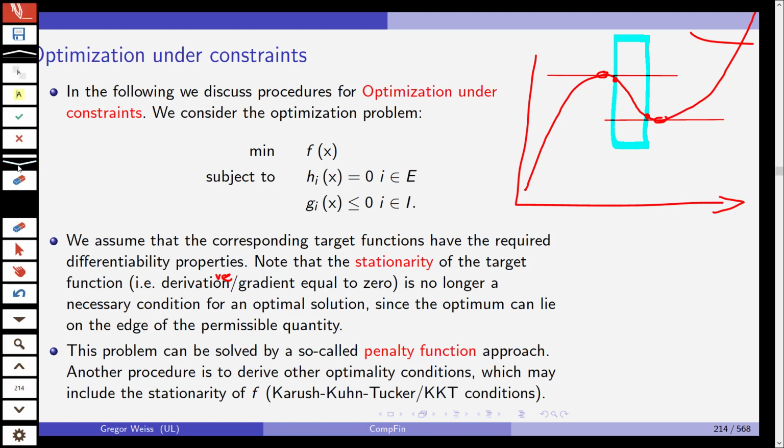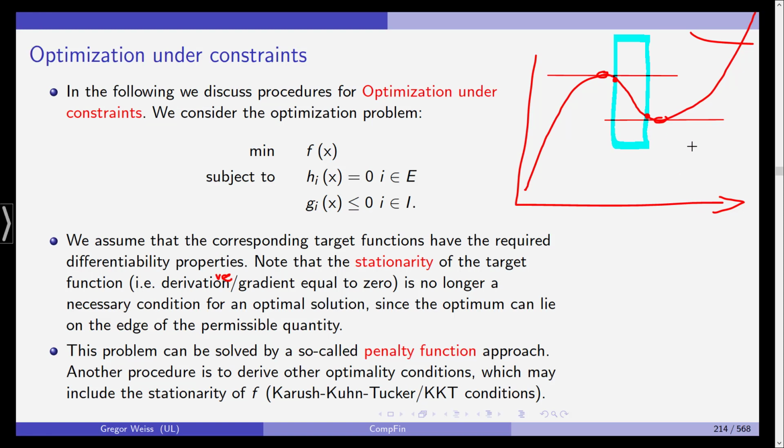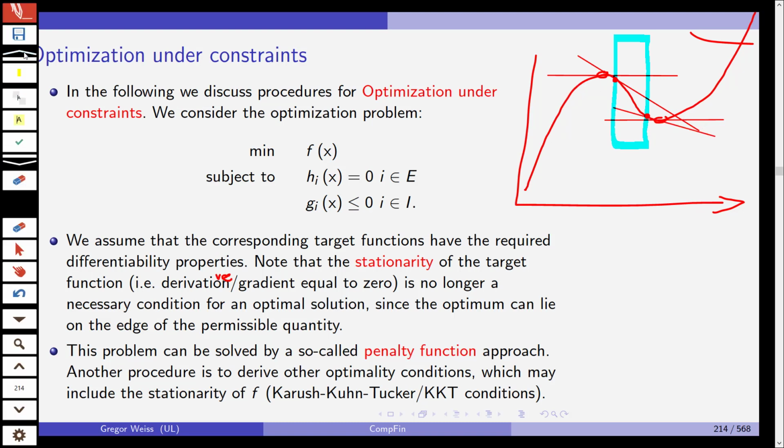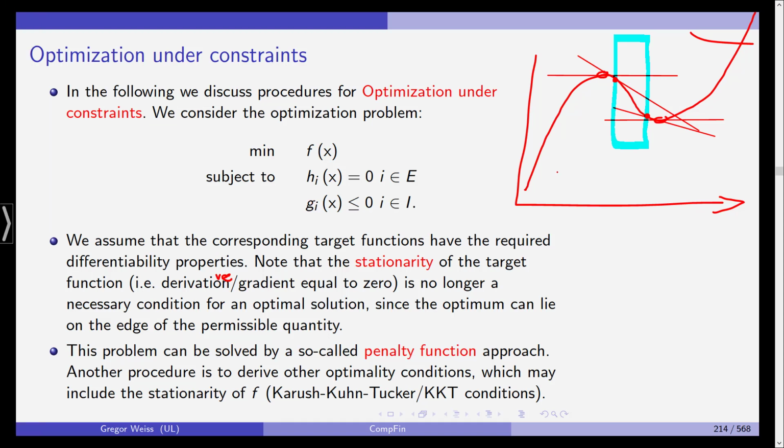Problem is, at these points where we are actually reaching the boundary of the solution space, actually the first derivative will not be 0. You can see this here. So the simple rule we know from high school, but also from gradient-based methods, that the stationarity of the target function is no longer a necessary condition. Could be that the gradient is not the 0 vector, or that the first derivative is non-zero, and still we are looking for a local or global maxima or minima.